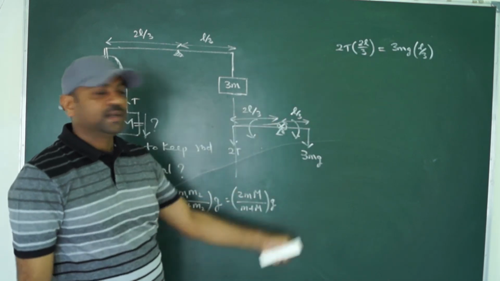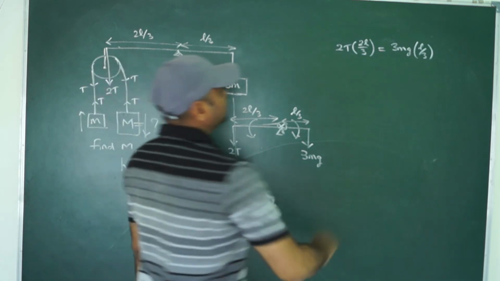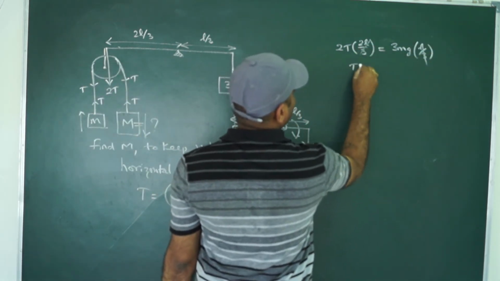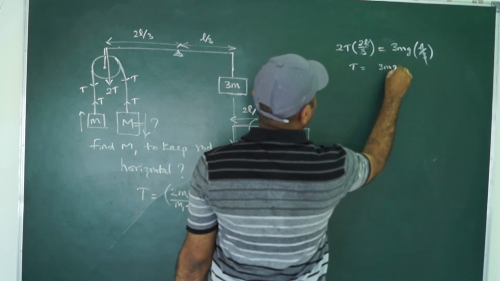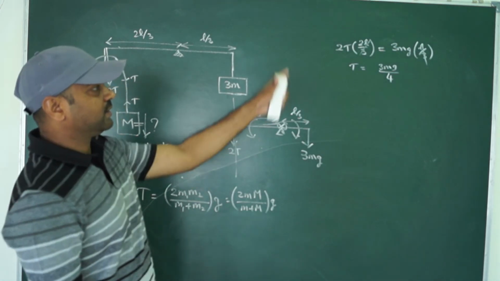So L by 3 cancels out, and T is equal to 3mg by 4. So 3mg by 4 is the tension value according to this.